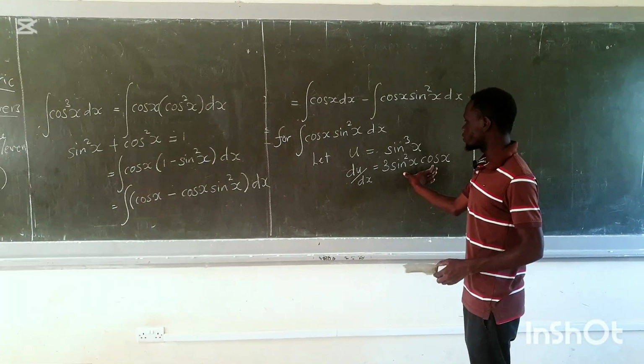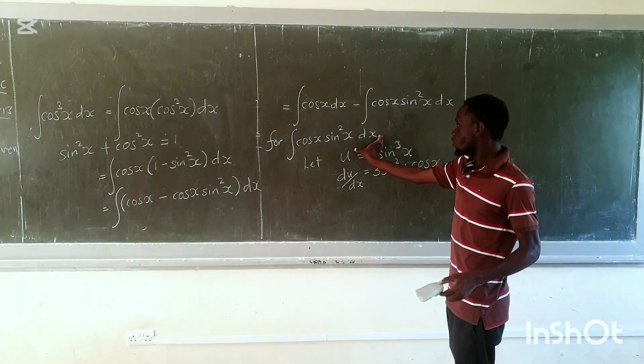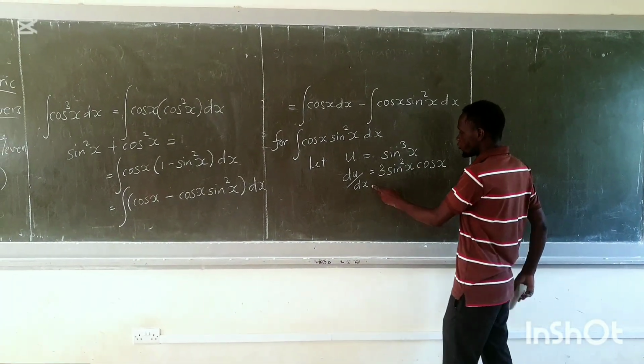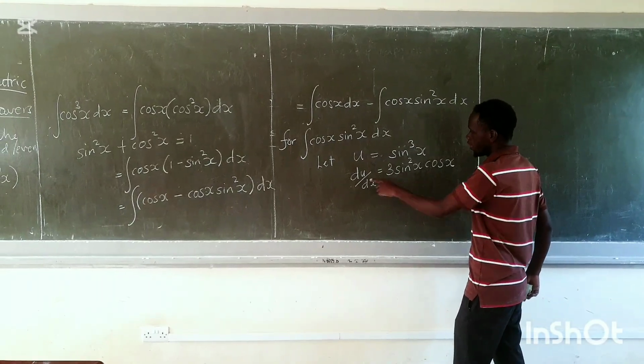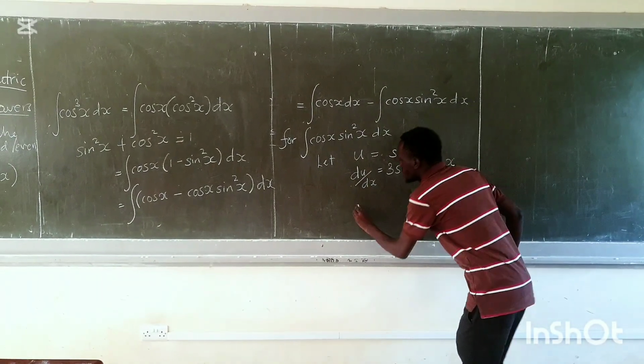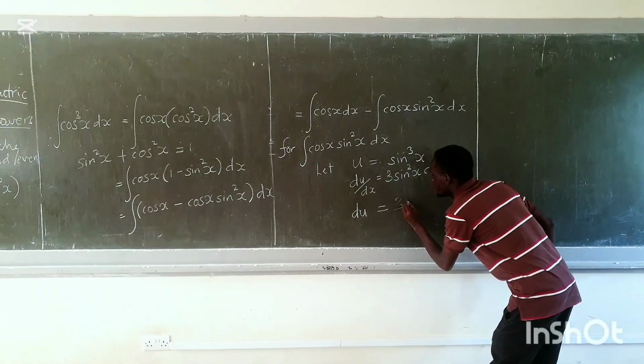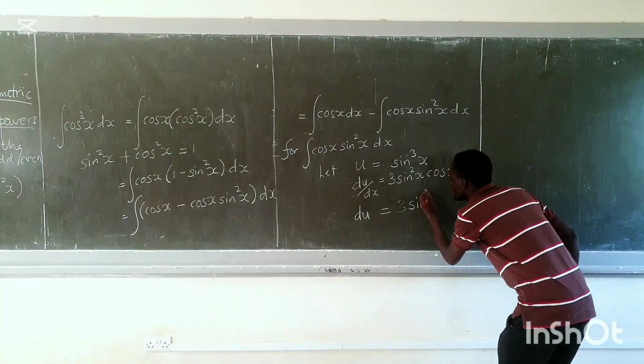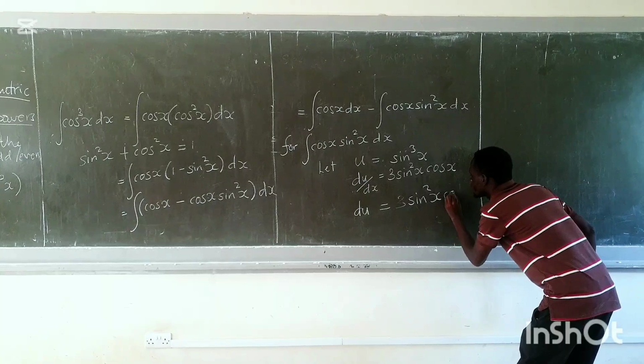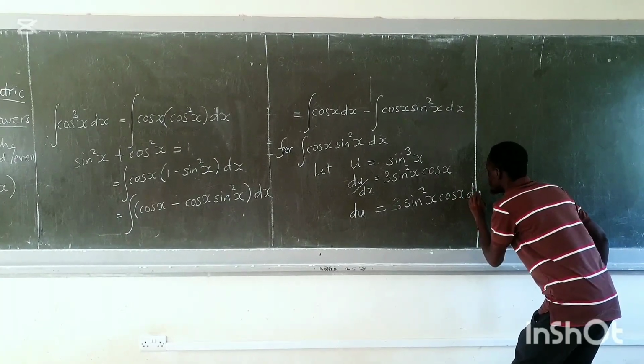So when I cross over the dx this side and I leave du this side, I will be having du is equal to 3 sin^2 x cos x dx.